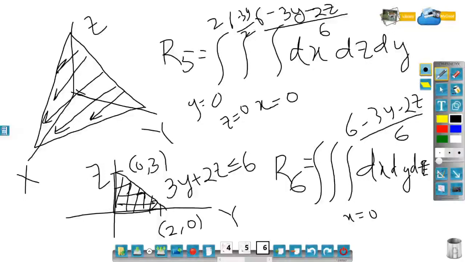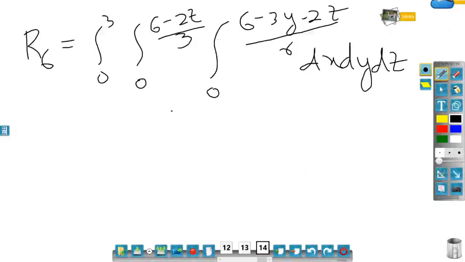So horizontally this is 0 to 3 and this is my z range, and my y ranges from 0 to the tetrahedron, that is 3y plus 2z is equal to 6. So we need to find R6, which is equal to this triple integration. So let me solve this.